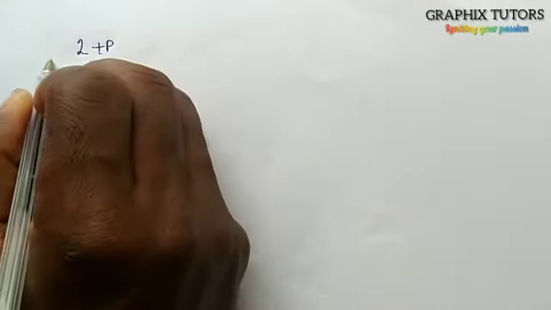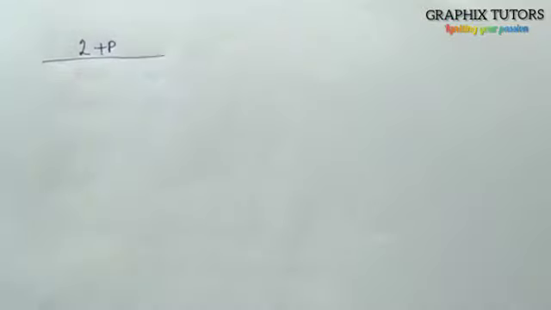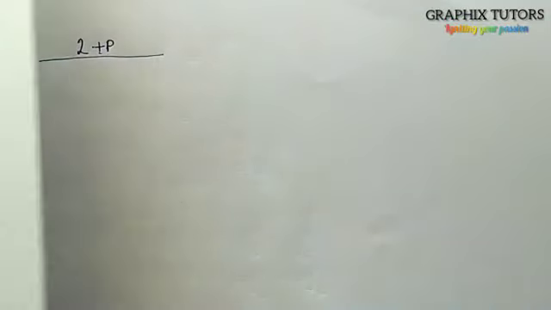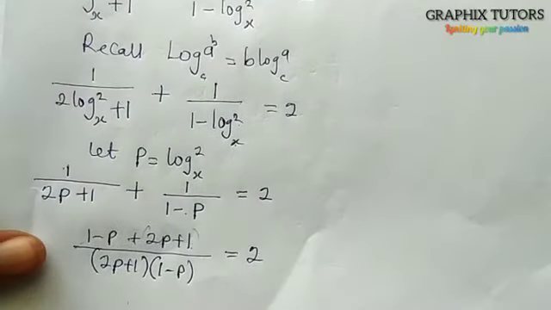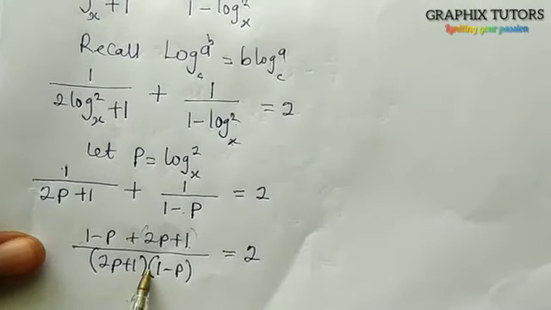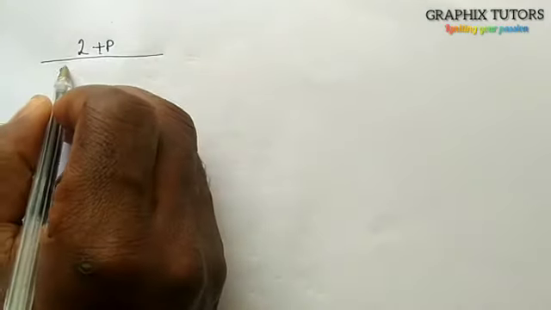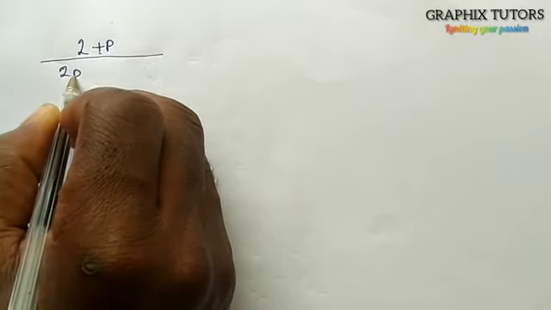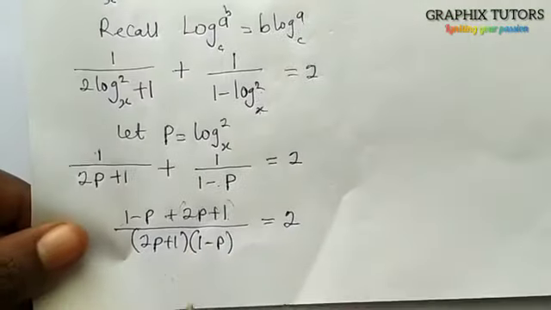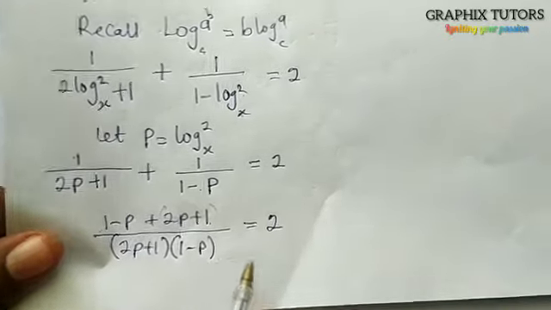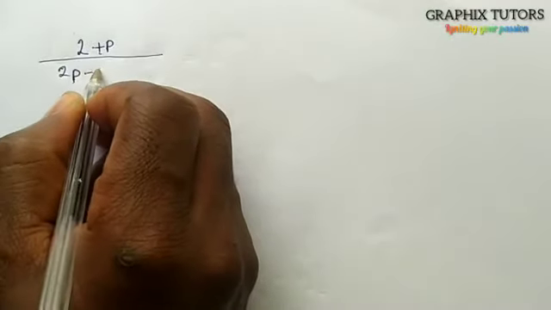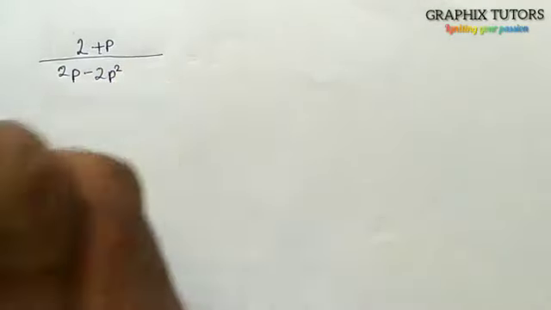So we're having 2 plus p, all divided by, if I expand this from here, 2p times 1 will give us 2p, right? Then 2p times minus p will give me minus 2p squared, minus 2p squared.